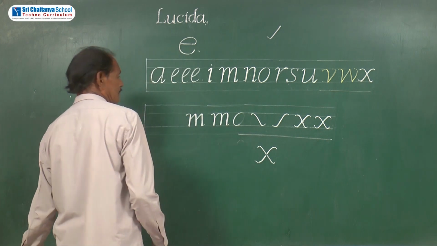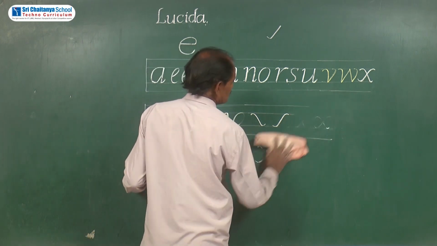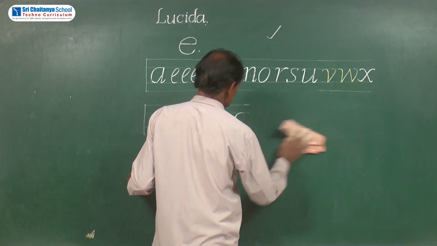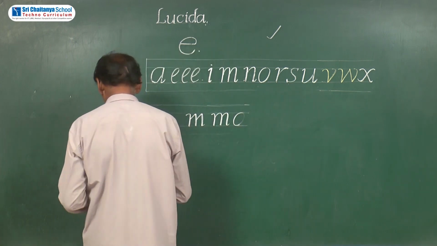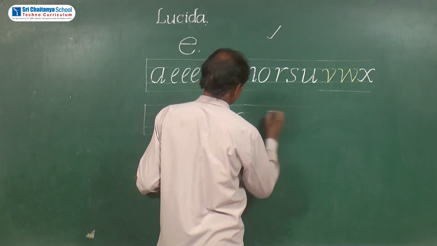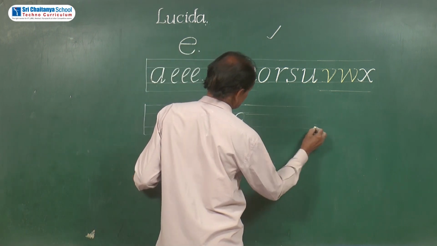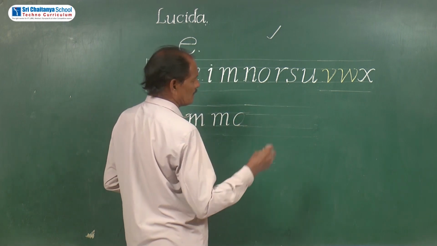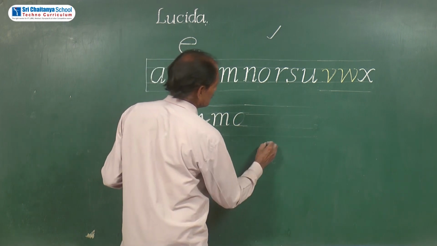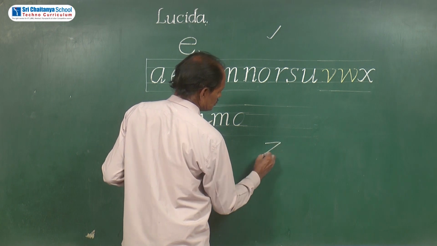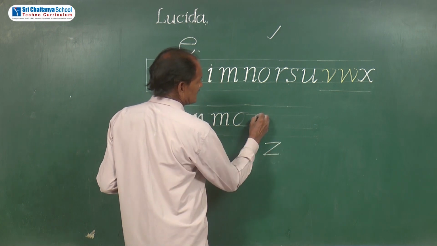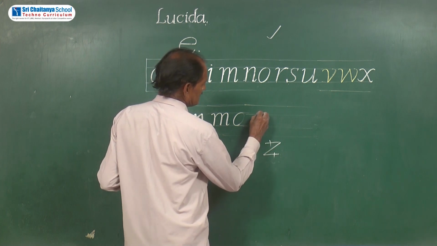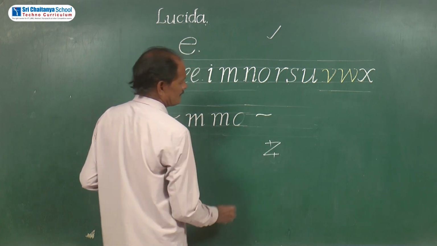And the last letter of the middle zone, which is mostly written by mistake by the students, is Z. That is a combination of 3 middle zone strokes, 1, 2, 3. But while writing these 2 strokes, the first one and the last one, just a small wave should be made here.